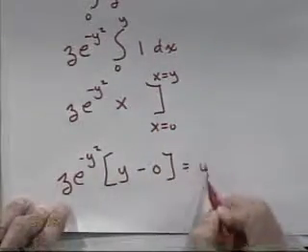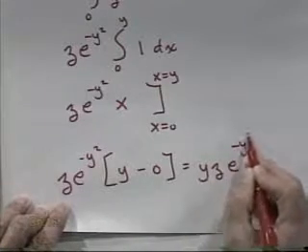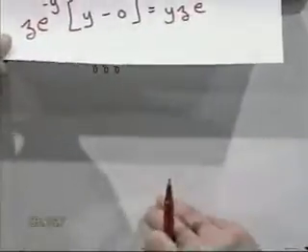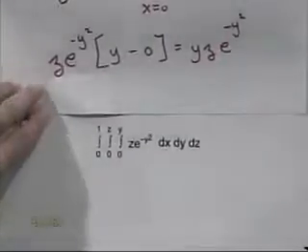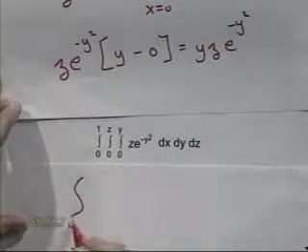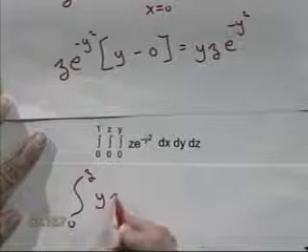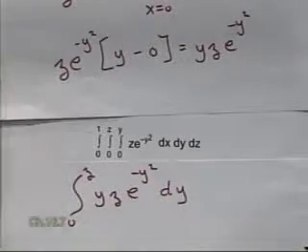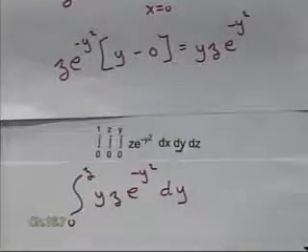So we have here yz e to the minus y squared. Now I take that, and that's going to go into my second integral. My second integral is from 0 to z, and we have yz e to the minus y squared dy.